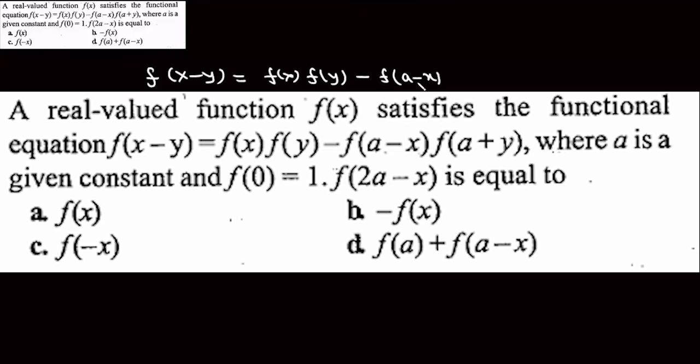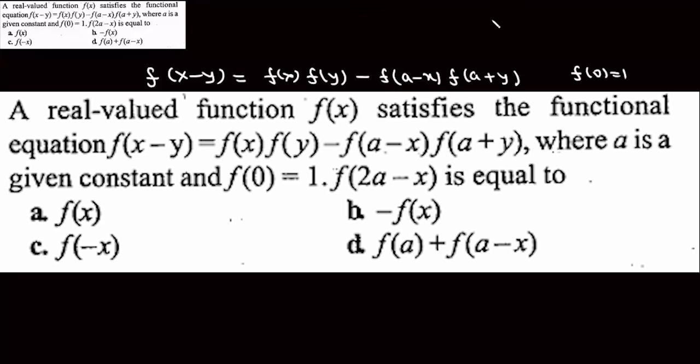Now here the question is, a real valued function f(x) satisfies the functional equation f(x minus y) is equal to f(x) into f(y) minus f(a minus x) into f(a plus y), where a is a given constant and f(0) is 1.